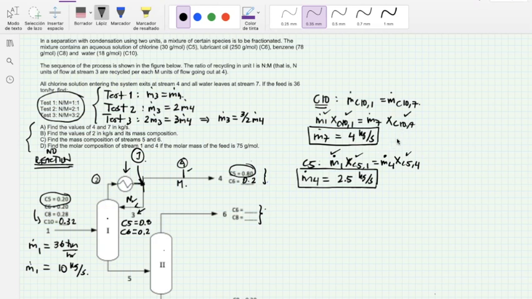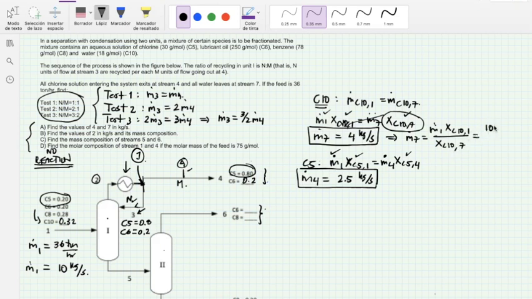Let me show you how I got this number in case you are wondering. So M7 is going to be equal to this one. I'm going to pass it dividing into this place. So this is just M1 times X C10 at 1 divided by X C10 at 7.